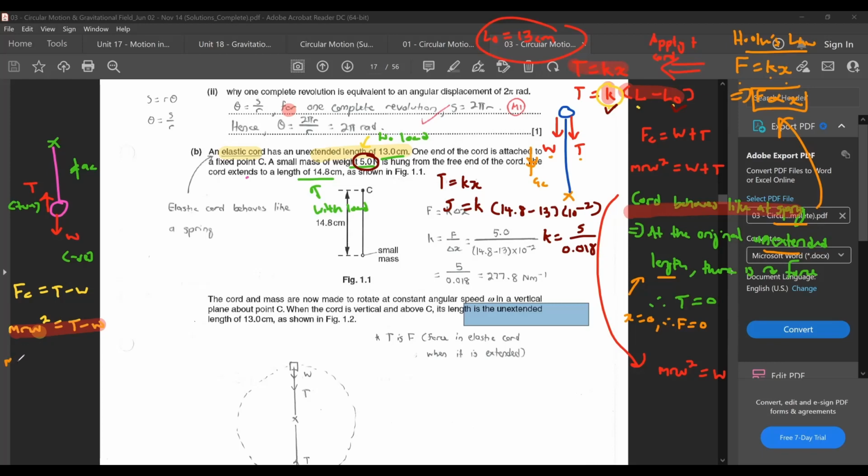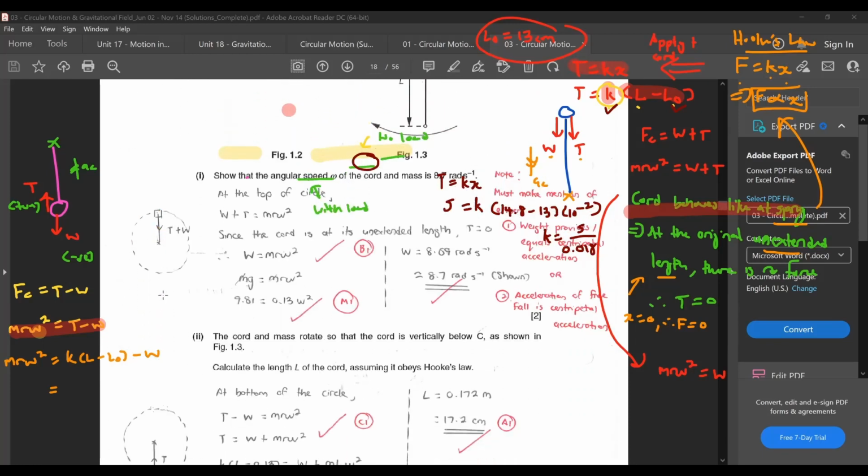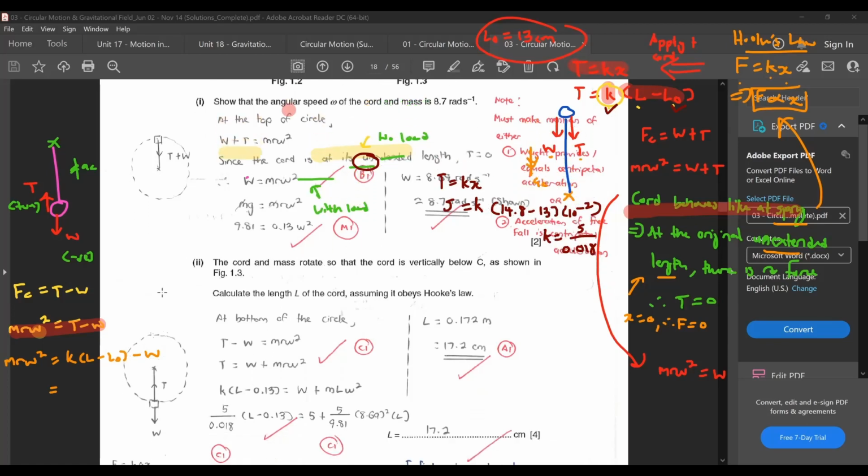You're going to get m r omega square equals K(L minus L0) minus W. Then K in turn is your whatever values you have there. So let me just show you the full working. You just sub in everything that you know.